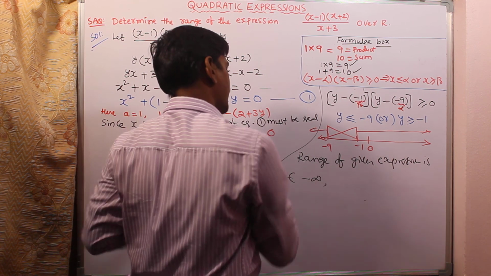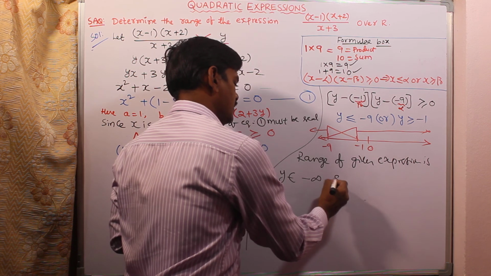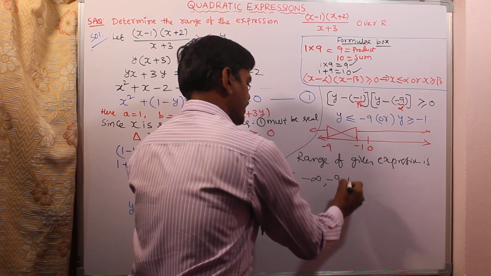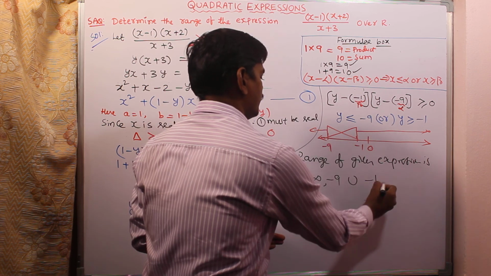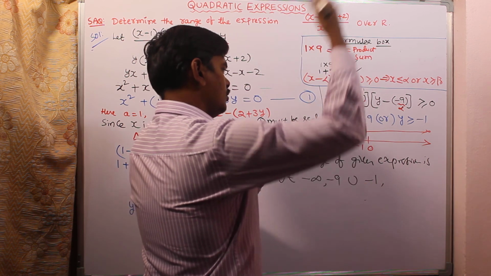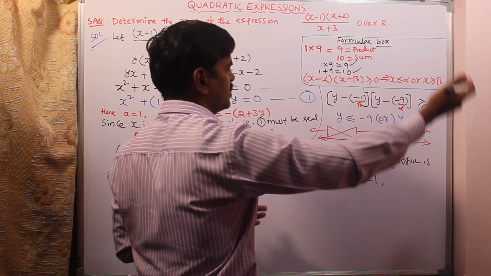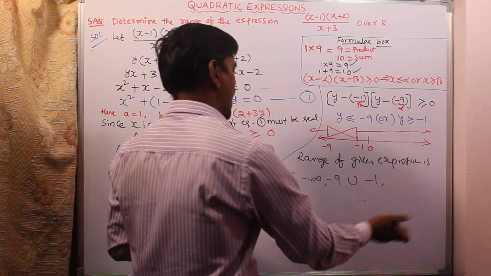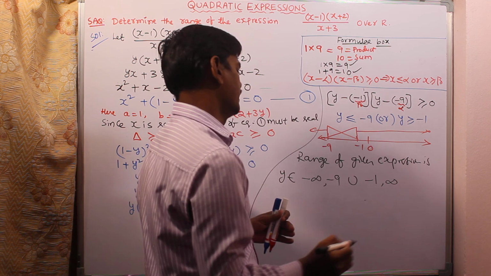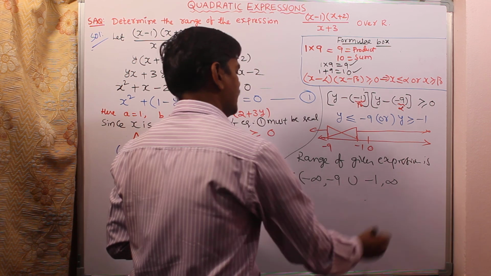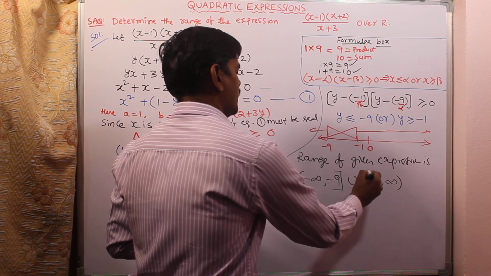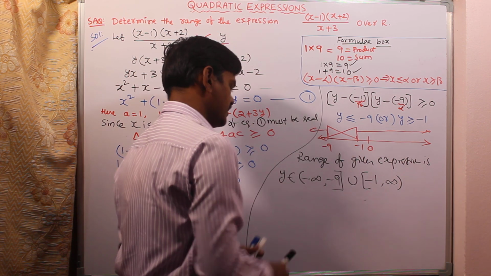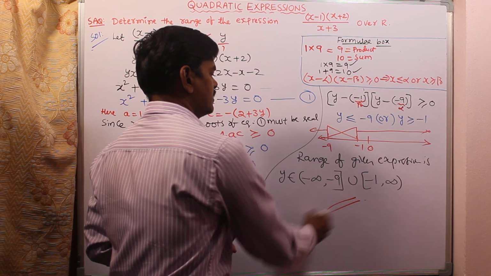So minus infinity to minus 9, union, again greater than or equal to minus 1: from minus 1 to, we don't know how much greater, so the maximum possible value is infinity. At minus infinity and infinity use open brackets. At minus 9 as well as minus 1 use closed brackets. So this would be the range of the given expression.